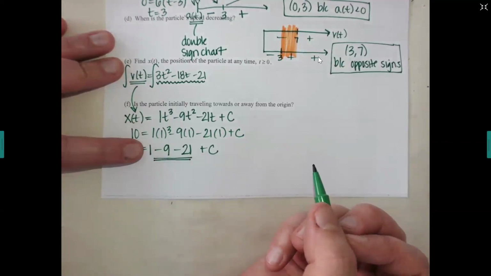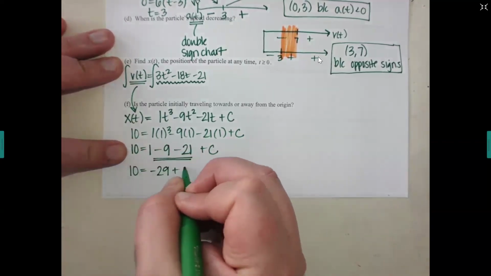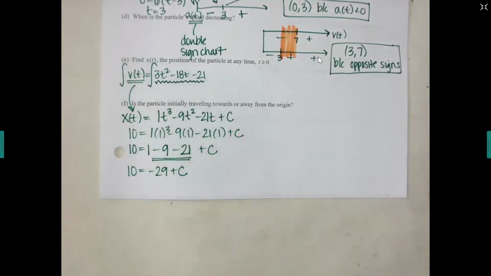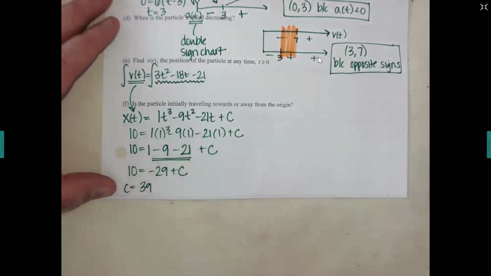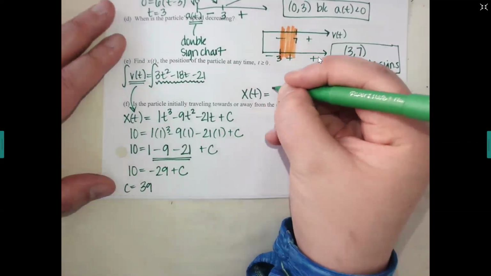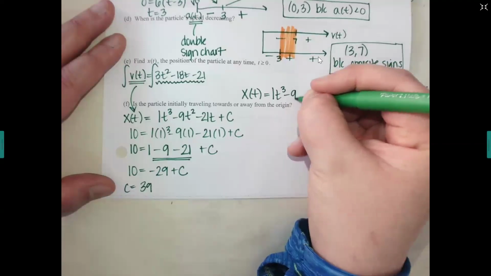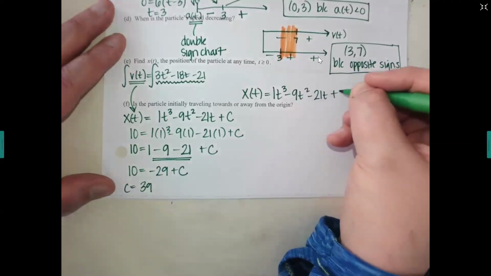And then if we add 1 to that, that'd be a -29. And then if I'm trying to solve, I have to get rid of the -29. So I would add that across. What would my c be? 39. Very good. So then let's write our x of t up here in part E. 1t cubed minus 9t squared minus 21t plus 39.